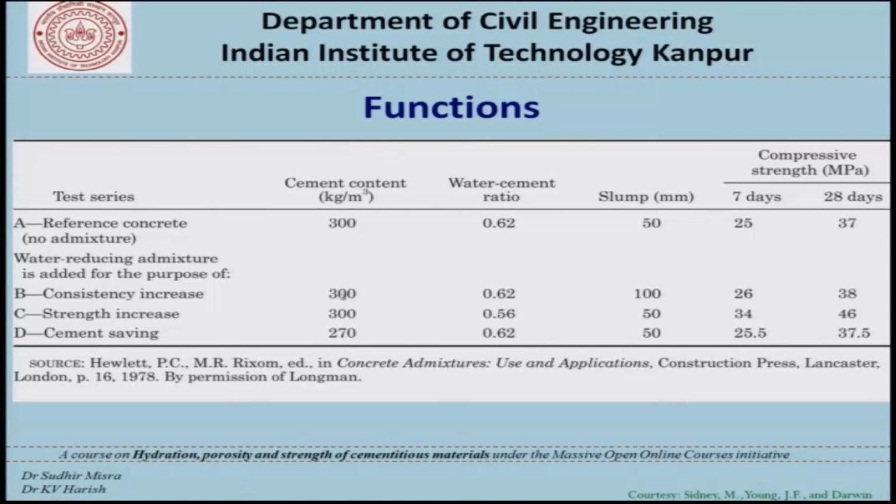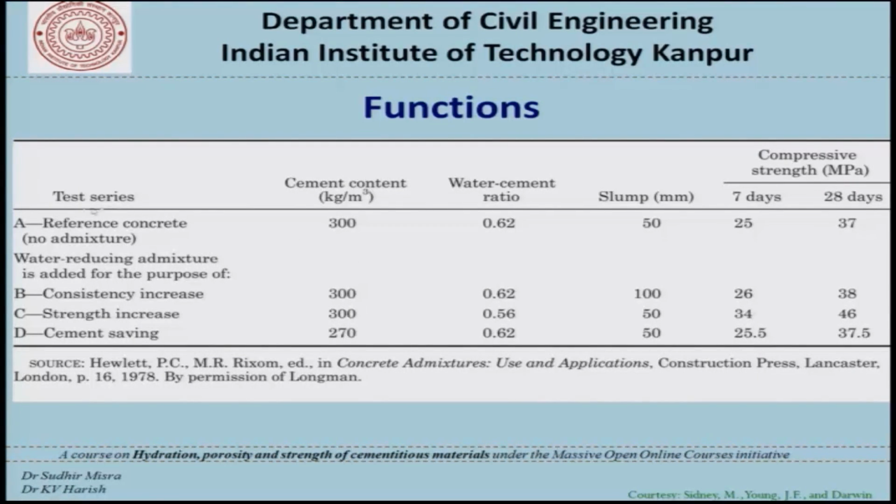So in the next column what you see is cement content expressed in kg per meter cube, water to cement ratio with no unit, slump in mm, and in the last column compressive strength that can be achieved in 7 days and 28 days.